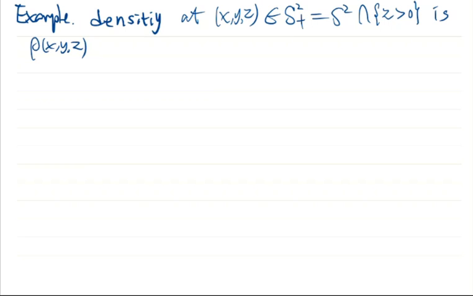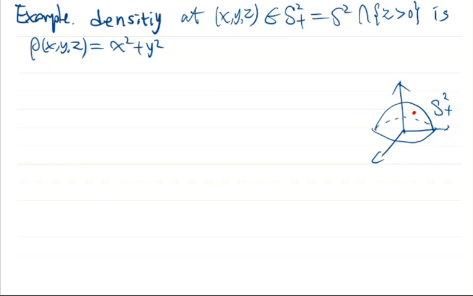You have an upper sphere, S2 plus. At every point on the sphere, the density is different. So the density is given by a function rho, where rho equals x squared plus y squared.